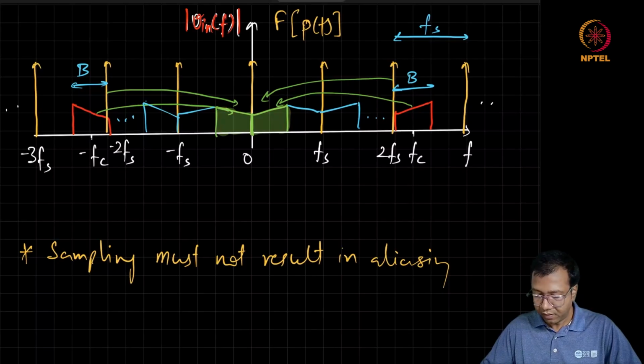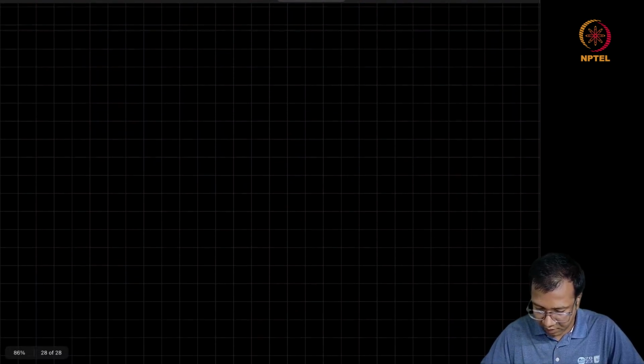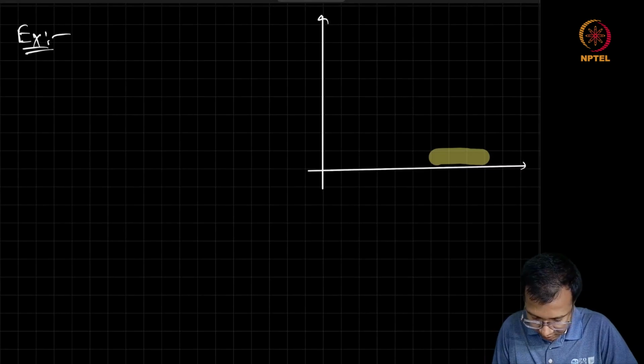So the conclusion is that the sampling operation can help us do frequency translation without losing any information, as long as we choose the sampling frequency appropriately. Just to illustrate this point, let me take an example.